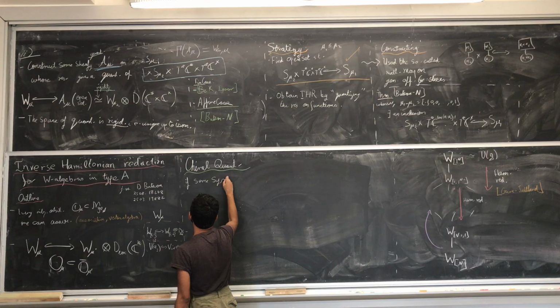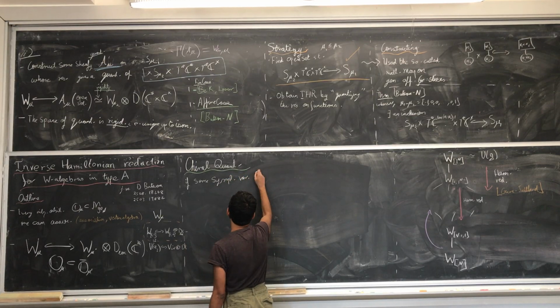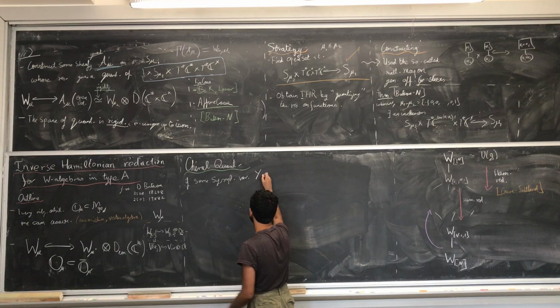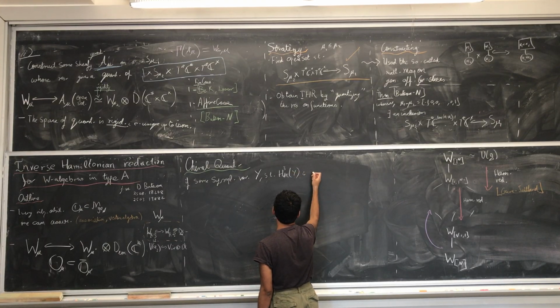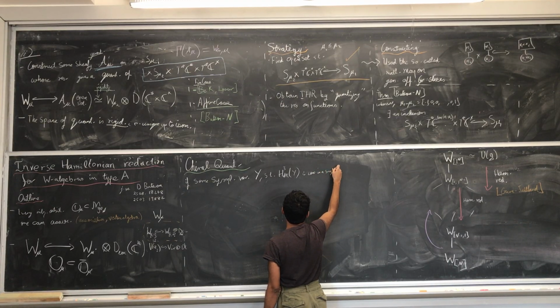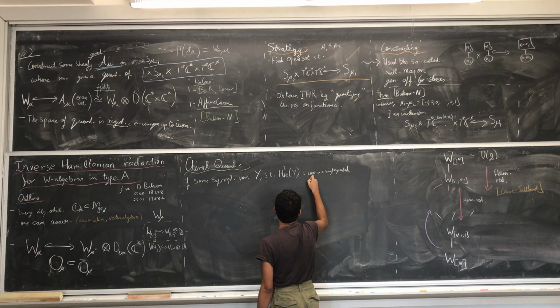symplectic variety Y such that its third de Rham cohomology is, this is a technical assumption, concentrated in a single graded degree.